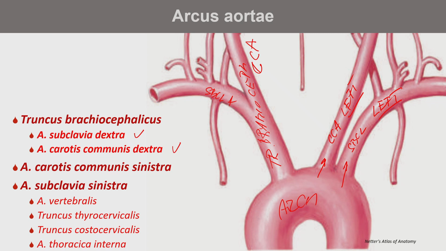But we can see in some situations that the common carotid is arising from a common trunk, or we can see those two arteries united also on the left side.